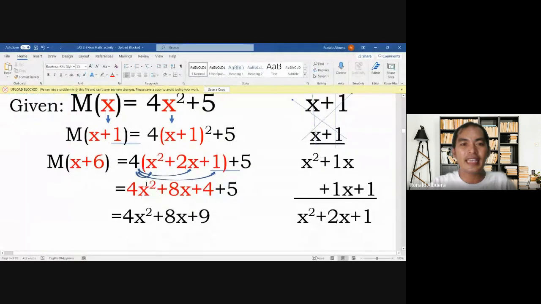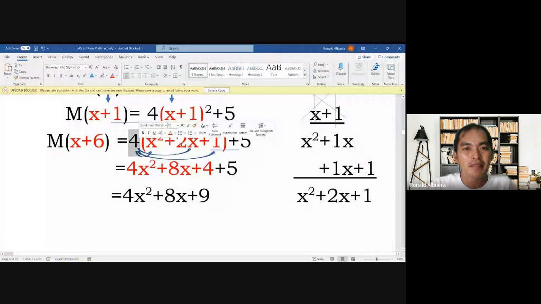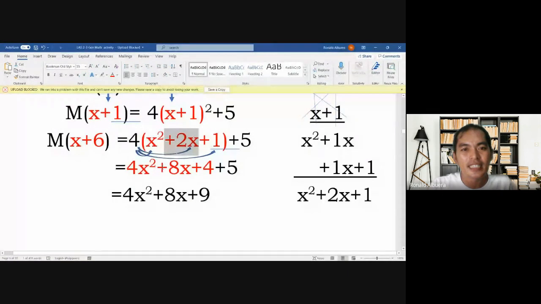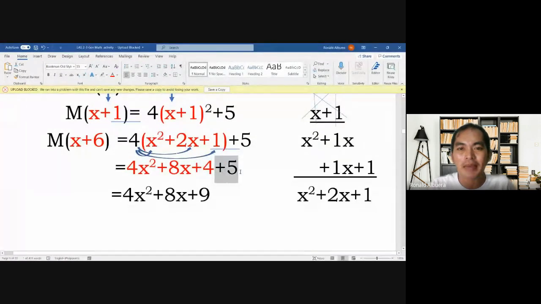Then after that, you just distribute 4 inside the parentheses. So 4 times x squared is 4x squared. 4 times positive 2x is positive 8x. And then 4 times positive 1 is positive 4. And we copy positive 5. Then, you can combine similar terms. Ito lang yung similar. Positive 4 plus positive 5 is positive 9.